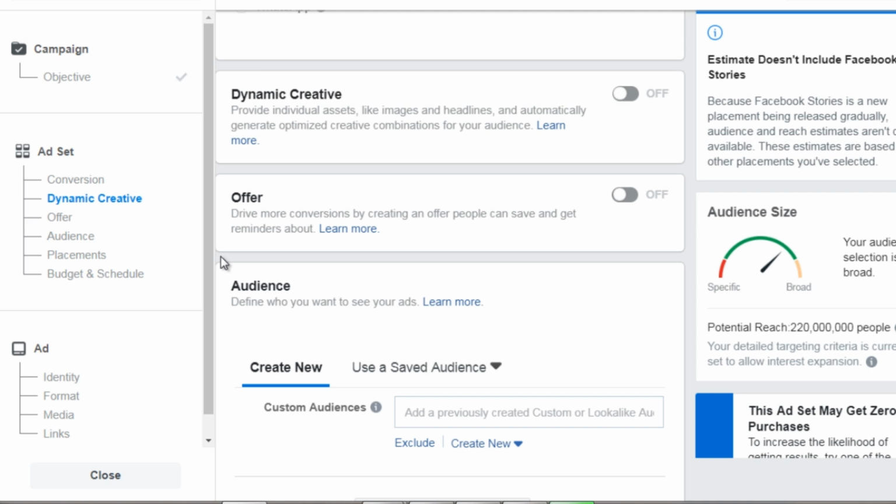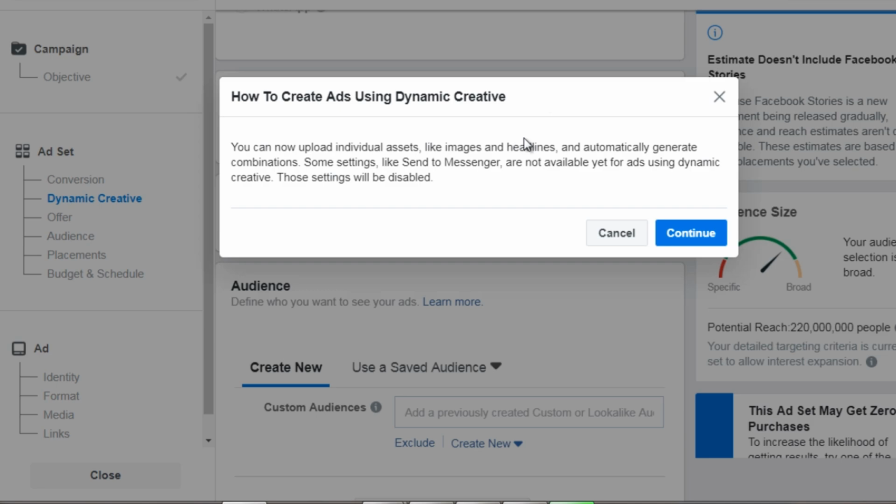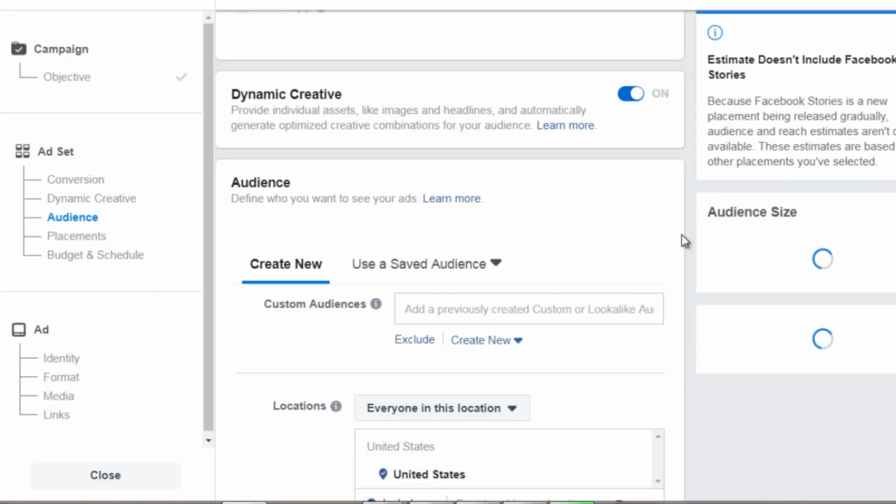It's going to run the ads, and it's going to figure out of those ads, which text, which headline converts the best, which image converts the best, and it's going to run the traffic to that ad. So instead of you trying to figure that out, you allow Facebook's very smart algorithm to figure that out. So in order to do that, you would select Dynamic Creative and click Continue.